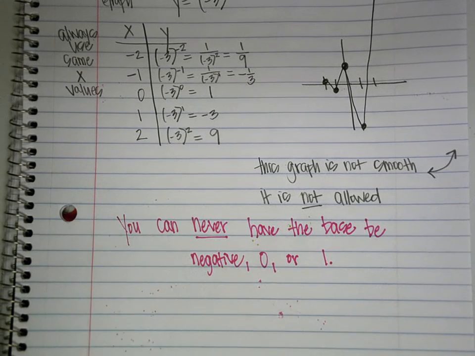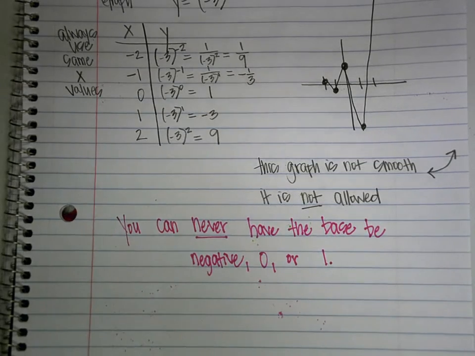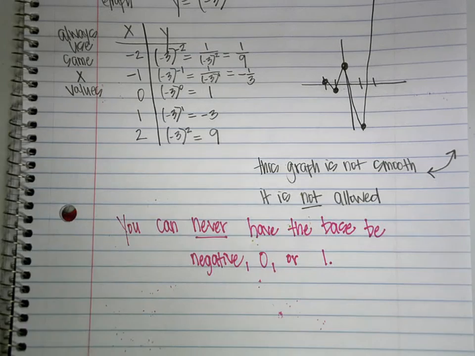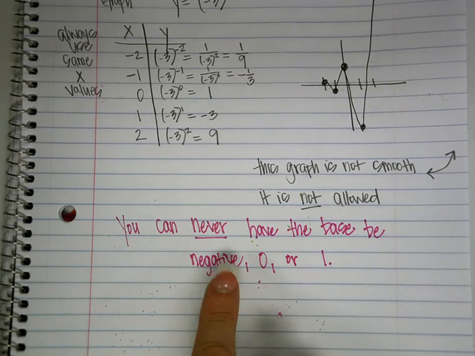We're usually talking about something growing or something dying. If you have bacteria or a substance that's negative, that means it hasn't been made yet. That doesn't make any sense. You have to have the substance. It has to be positive. You can't have a negative amount of something. So that's why exponential functions do not work.